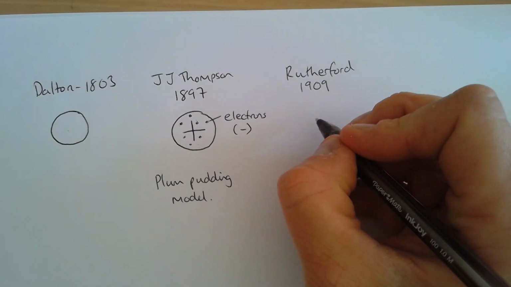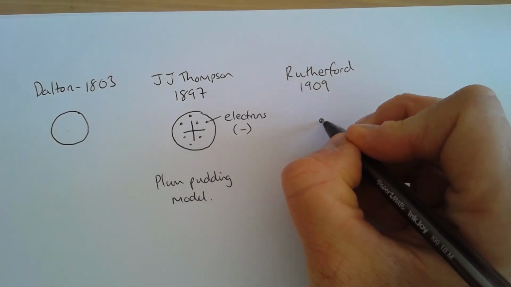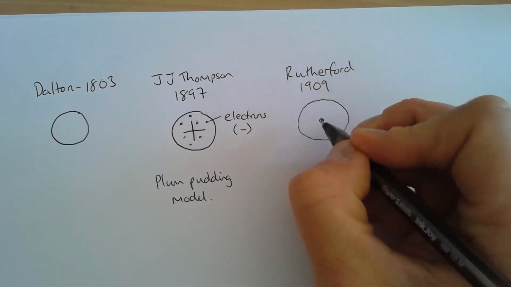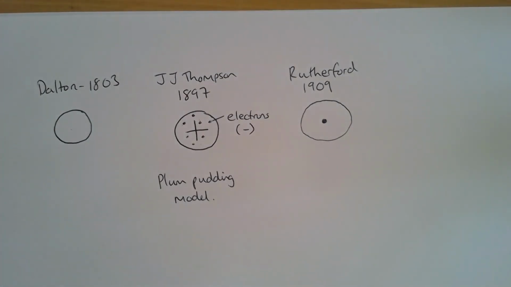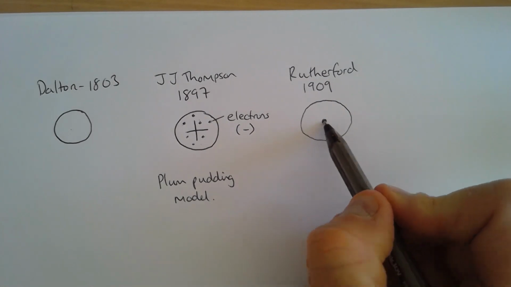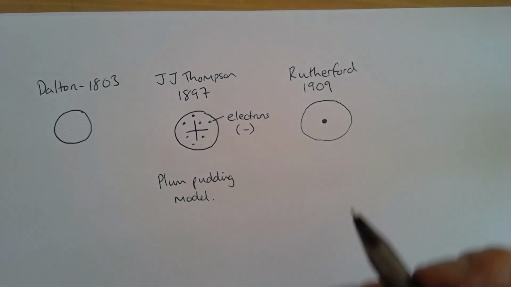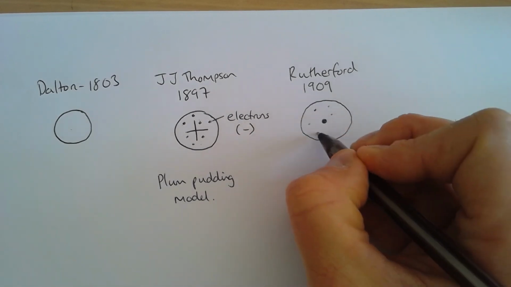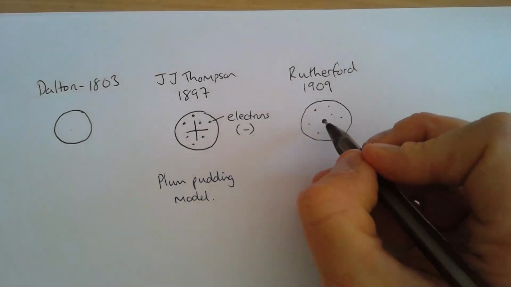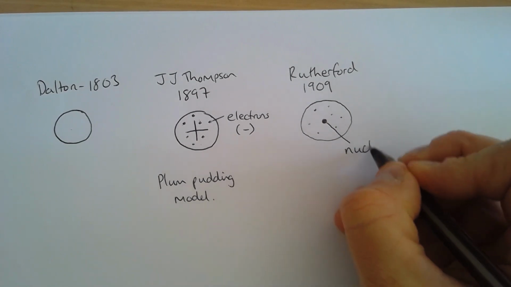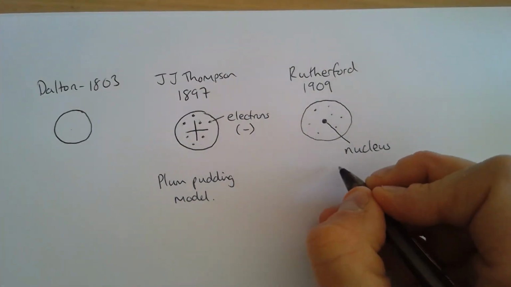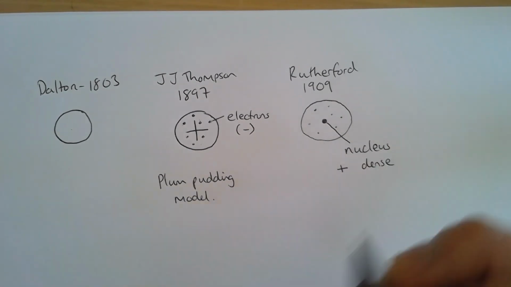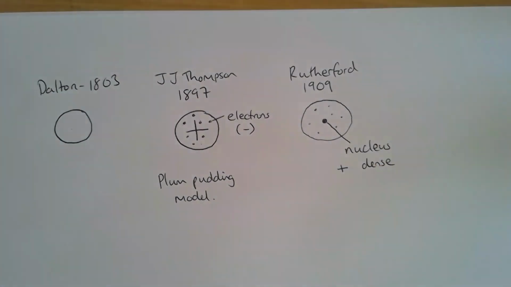And Rutherford did an experiment which we're going to talk about in a minute, and he showed that actually the positive part of the atom was very, very small and very dense, and that these electrons must also have been spread out around it. So, and we called this the nucleus, and we know that it has a positive charge and it's also very dense. And the fact that the rest of the atom isn't very dense at all.